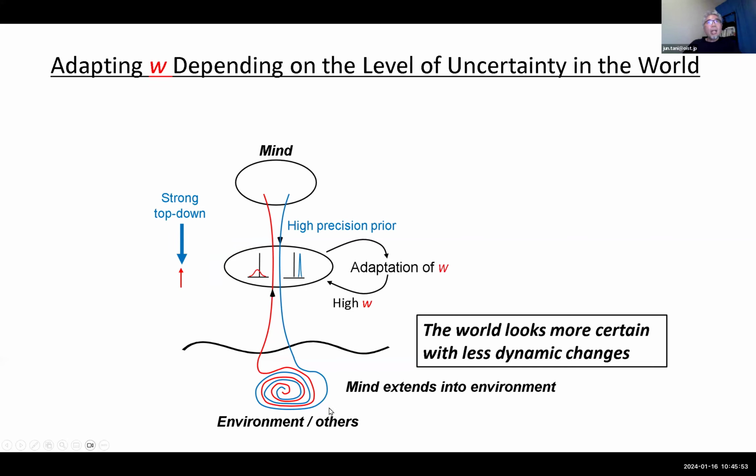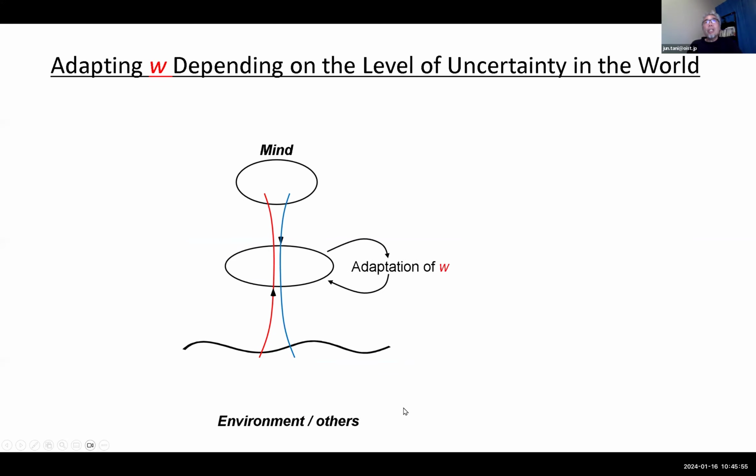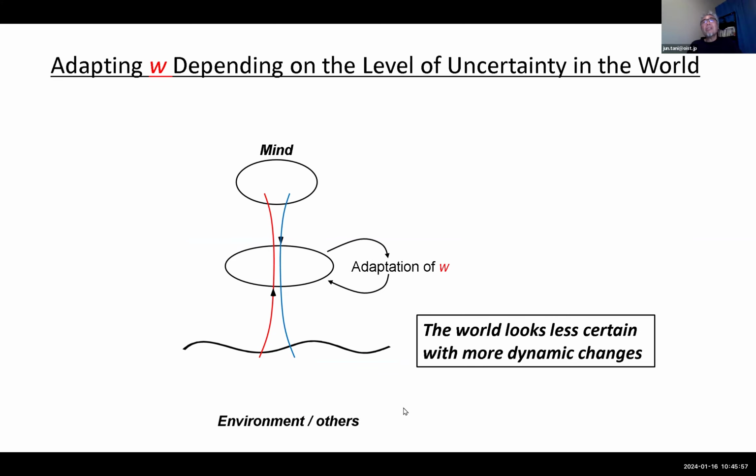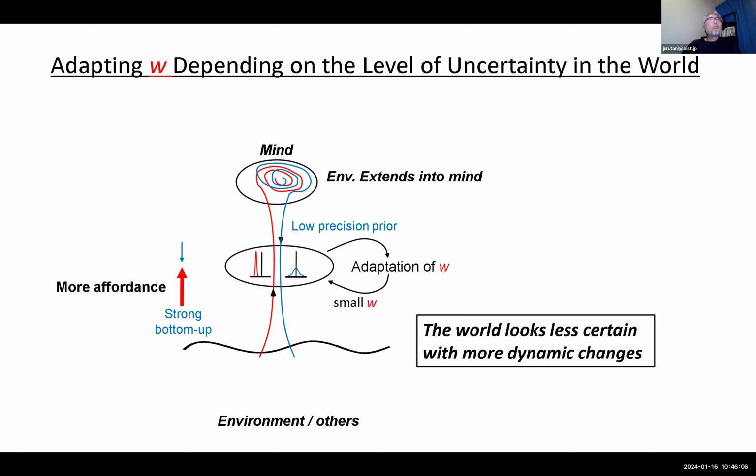On the other hand, when the world looks less certain with more dynamic change, we should not rely on our own model's prediction. Rather, we should follow the sensation, allowing a stronger bottom-up by adapting W to a small value.